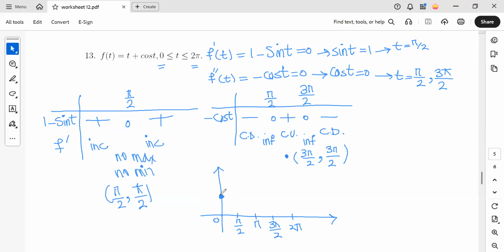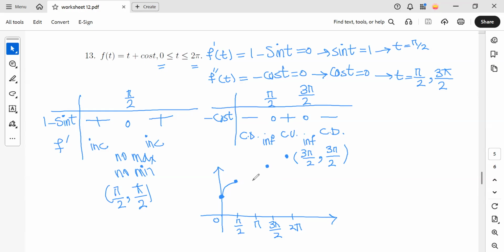Between 0 and pi over 2, it is increasing but concave down. So the point is pi over 2 and pi over 2. It is increasing but concave down. Next point is 3 pi over 2 and 3 pi over 2, maybe somewhere here.